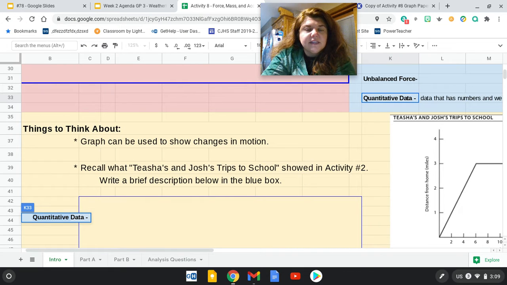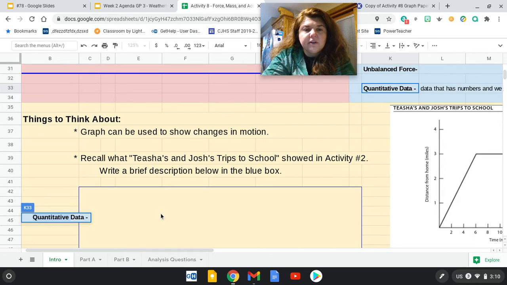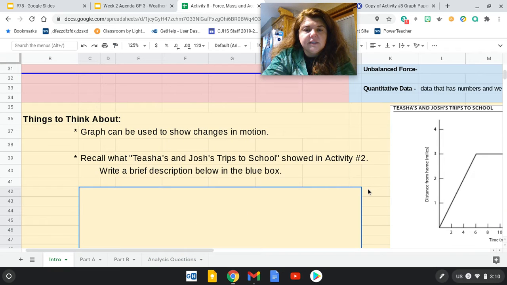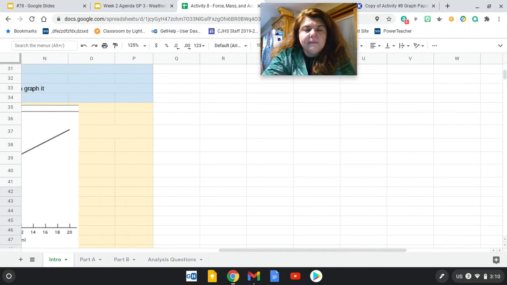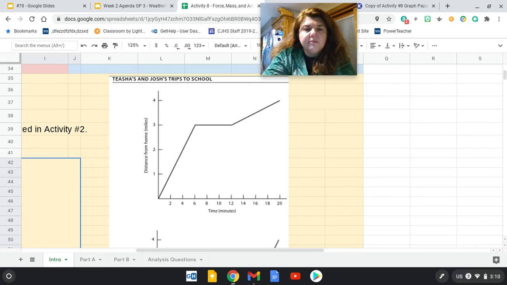The last thing I want you to think about is how graphs can be used to show motion. We've already looked at some different graphs before, and I know you're familiar with them.